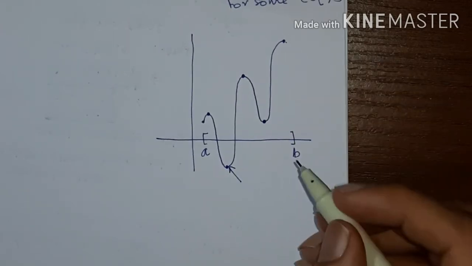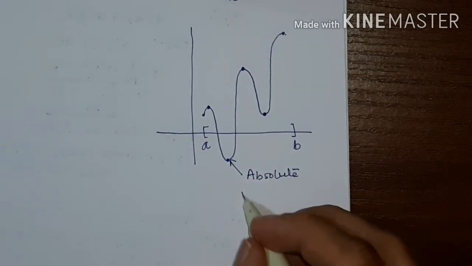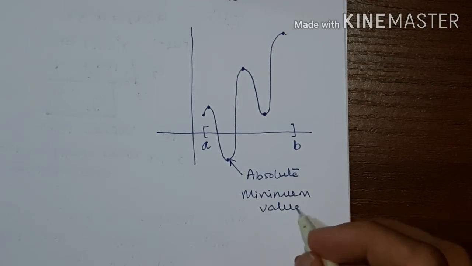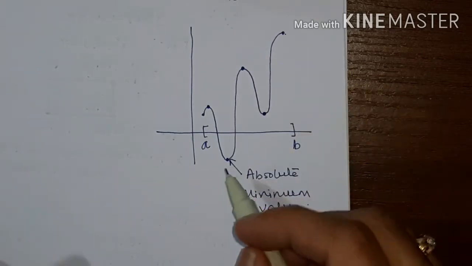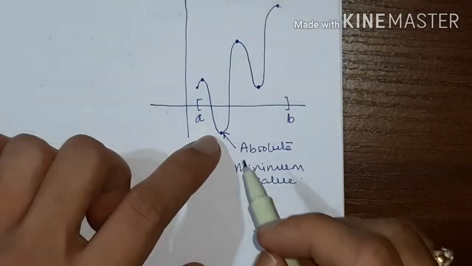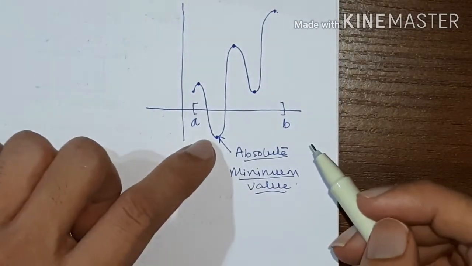This, right? So this will be the absolute minimum value. Now you see that the local minimum value here is also the absolute minimum value.